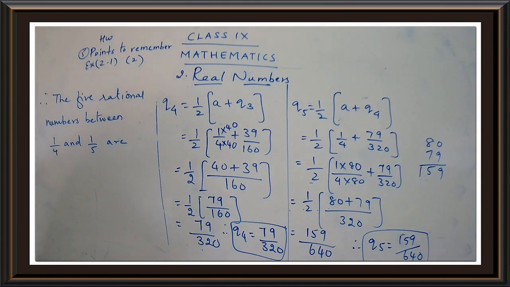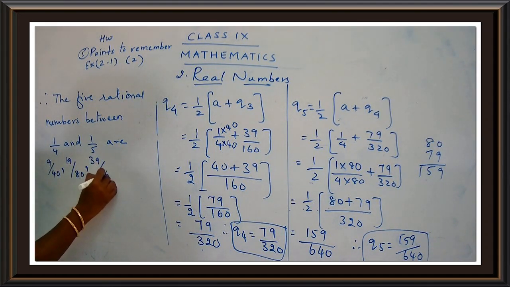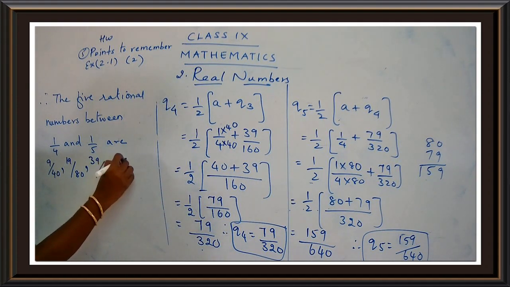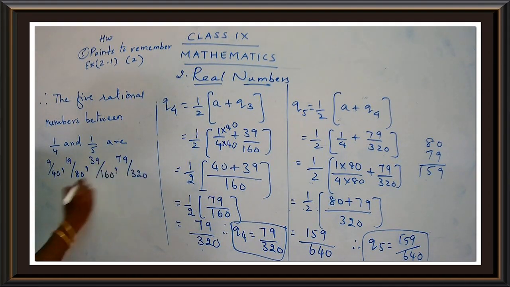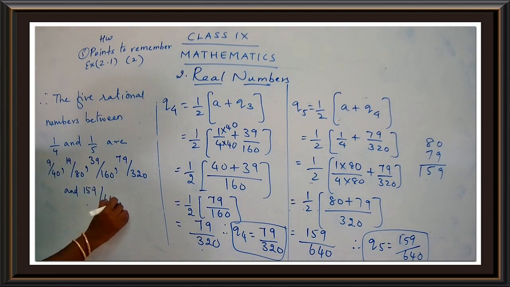What is the first number, children? It was 9 by 40. Q2, 19 by 80. Q3, 39 by 160. 79 by 320. And 159 by 640. That's all.